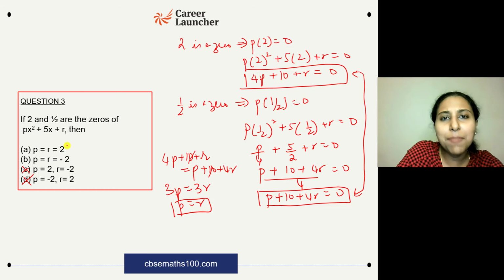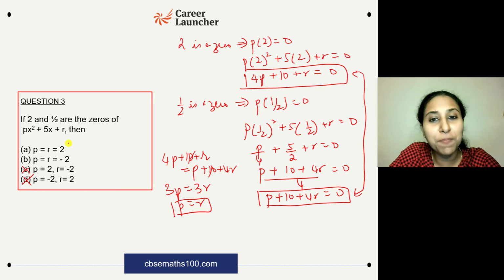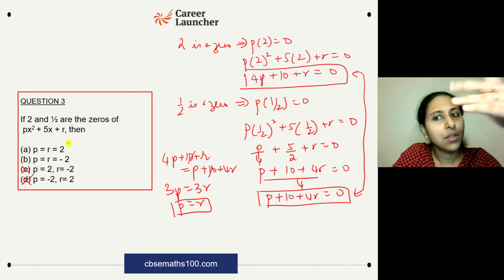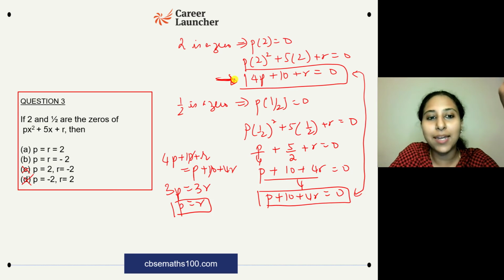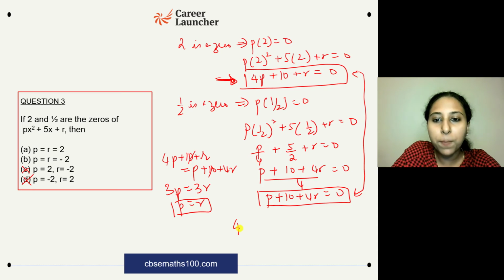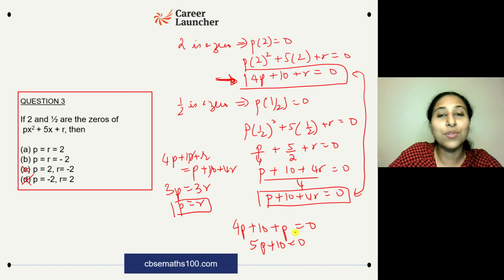Now, your aim is to find these values of p and r. How do you do that? Use any one of the equations. Let's use this equation and substitute p is equal to r. So you will get 4p plus 10 plus p, since r is equal to p, is equal to 0, or 5p plus 10 is equal to 0.